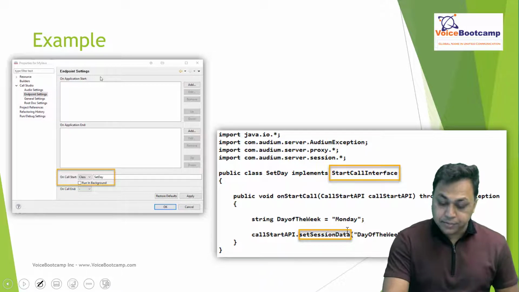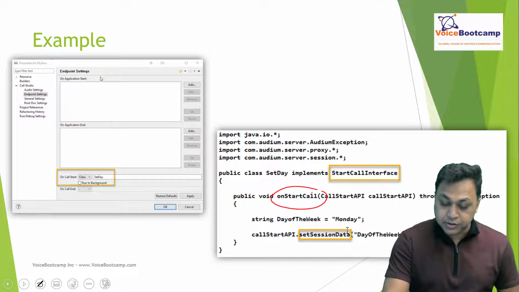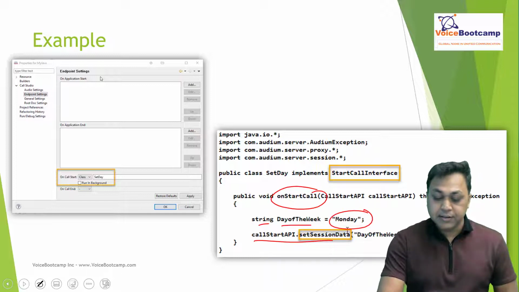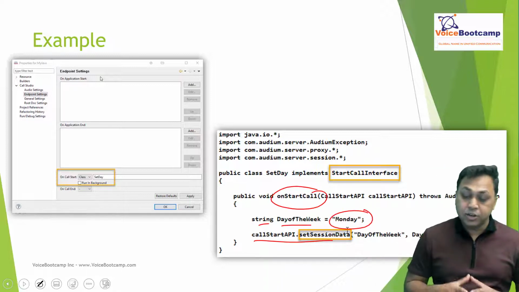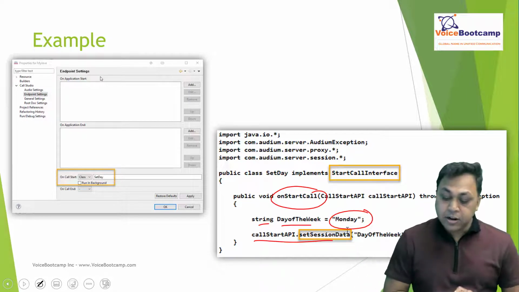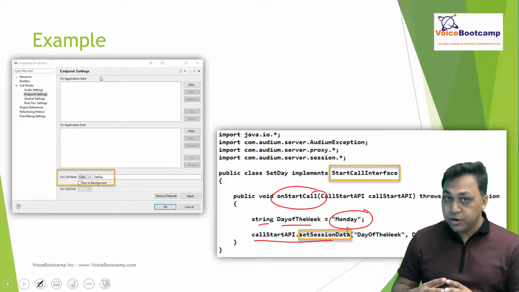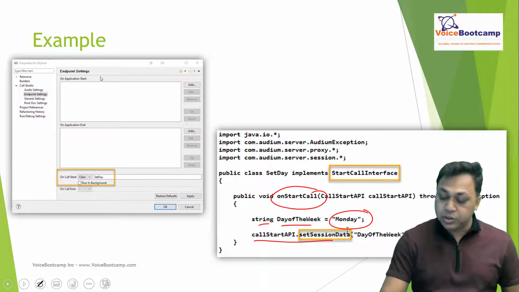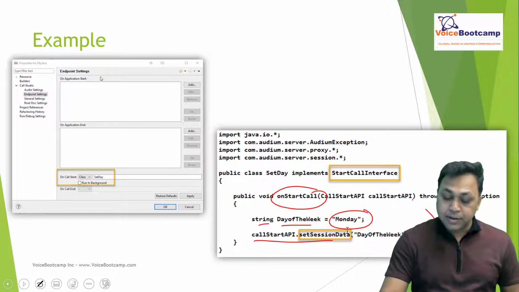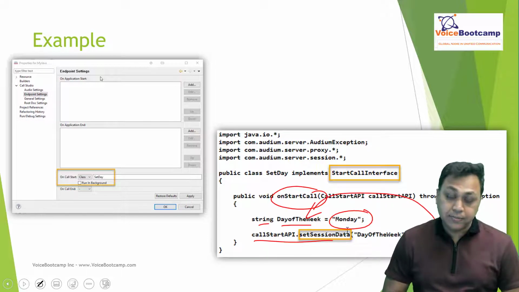In this call onStart, I'm saying string day of the week equals Monday, and then I'm setting the value with call start API dot set session data. Set means set the value: the quotation is the name of the variable, day of the week, and the second is your value.